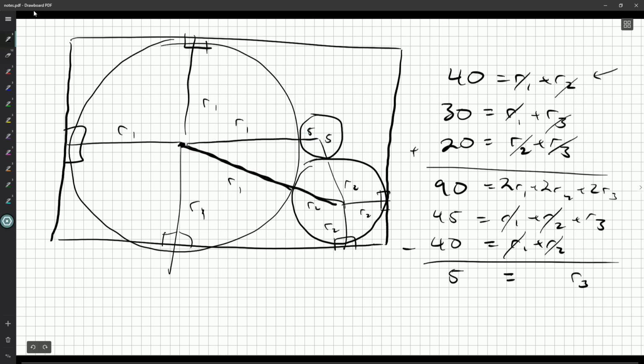I know that one of these lengths is 30, so R1 must be 25, and now I can fill that in. As a matter of fact, we now also know that the width of the rectangle is 50. Also, knowing that R3 is 5 and that this length is 20, R2 must be 15, so we can fill that in.